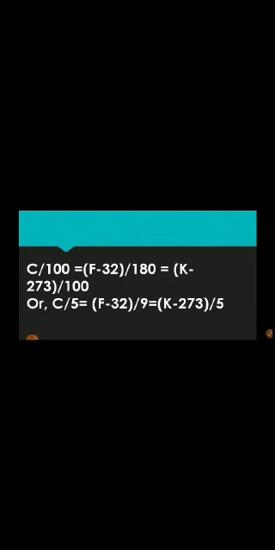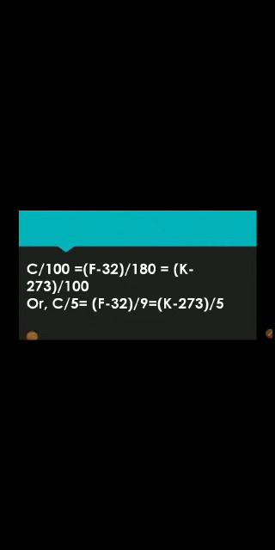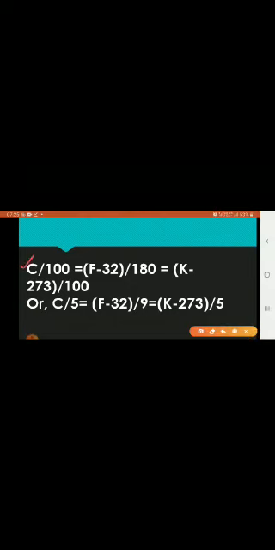You can see here C by 5 equals F minus 32 by 9 equals K minus 273 by 5. That is actually, students, we are reducing the previous relation. Here you can see C by 100 and 180 and 100.